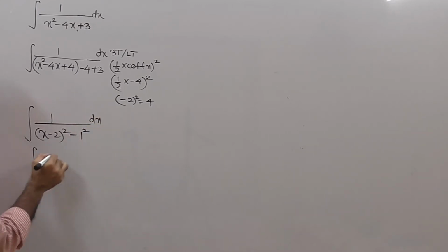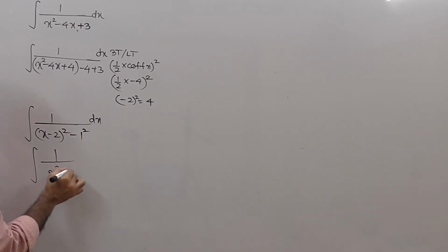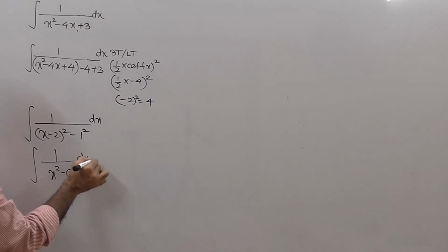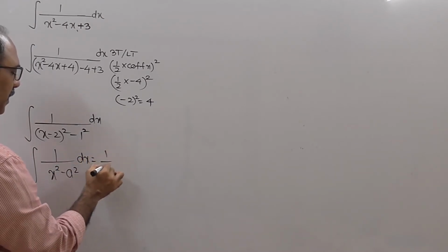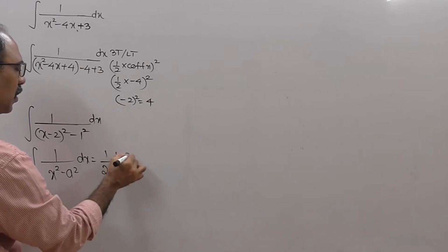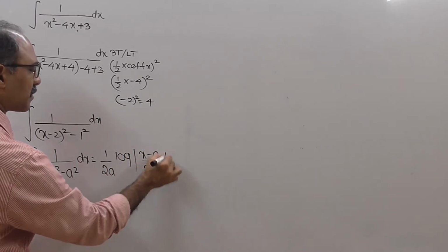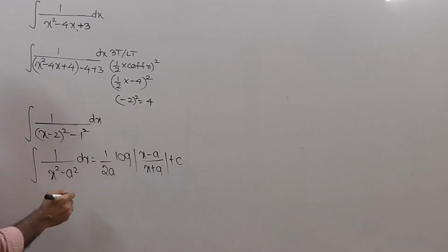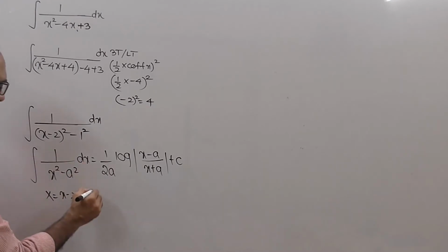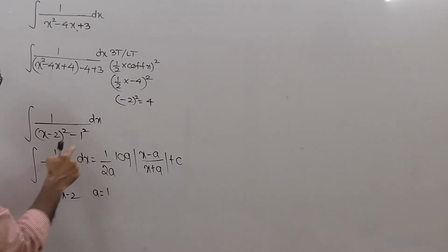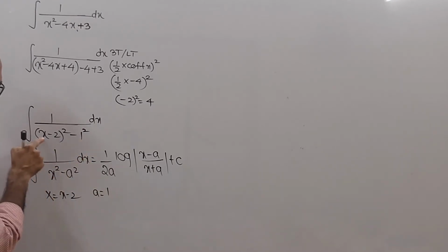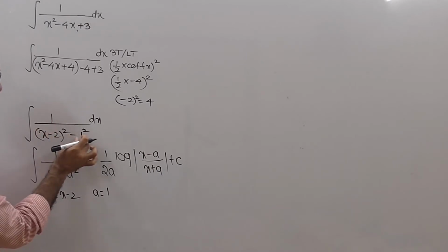Now this is in the form of integration 1 upon x square minus a square dx. The formula is 1 upon 2a log modulus (x minus a) upon (x plus a) plus c. So my x will not be x, it will become x minus 2, and my a will be 1. You're getting it? This is x and this is a.